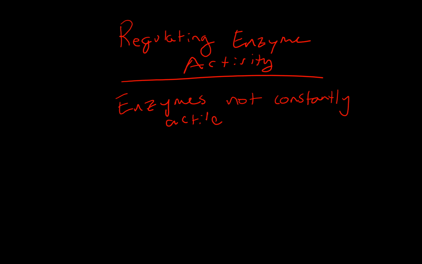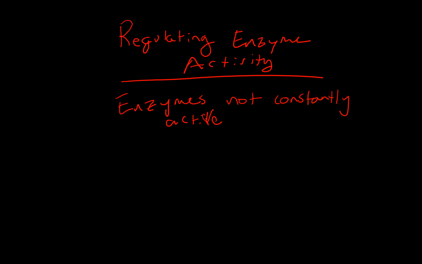This is rather an important concept, especially when you think about homeostasis. Most reactions that enzymes catalyze tend to be one way, right? If you break sucrose down into glucose and fructose using the sucrase enzyme, the sucrase enzyme is not going to take glucose and fructose and put them back together in order to make sucrose again.